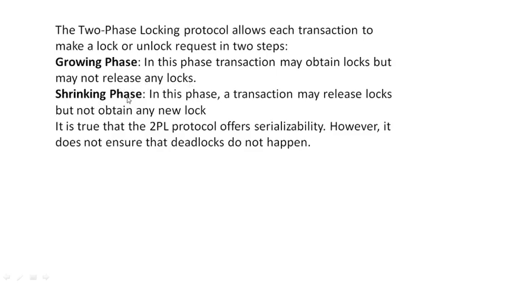In the shrinking phase, it can release the locks, but it should not obtain any new lock. Shrinking means decreasing, growing means increasing. You remember, we can acquire locks in the growing phase and may not release locks. In the shrinking phase, we can release the locks, but no new lock can be acquired.